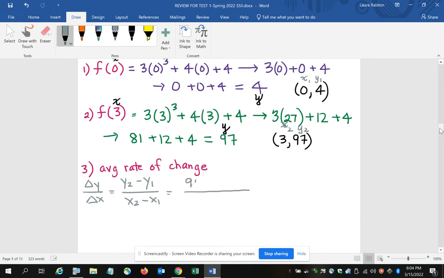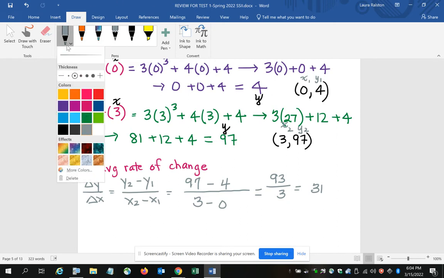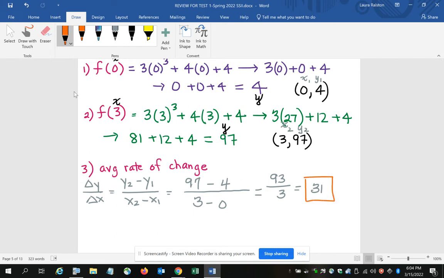So I have 97 minus 4 over 3 minus 0. That gives me 93 over 3, which equals 31. So my average rate of change for this function between 0 and 3 is 31. But you've got to treat it like 3 little individual problems. Walk it out in steps, and again, it may help you to use color.